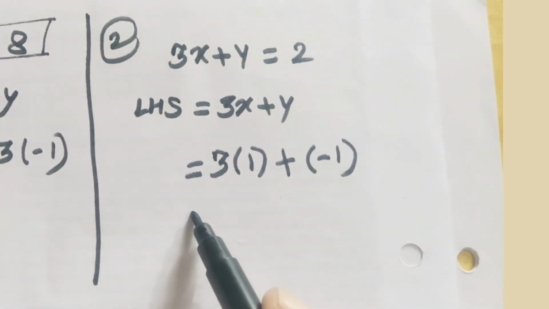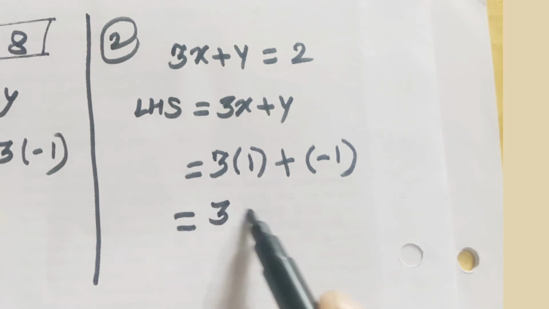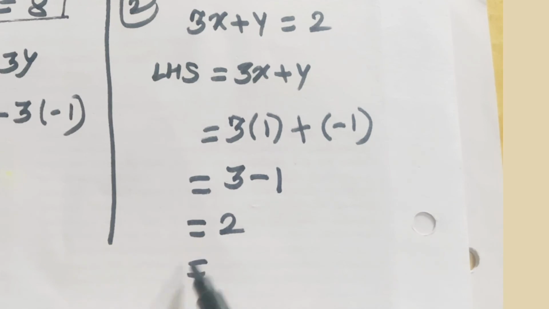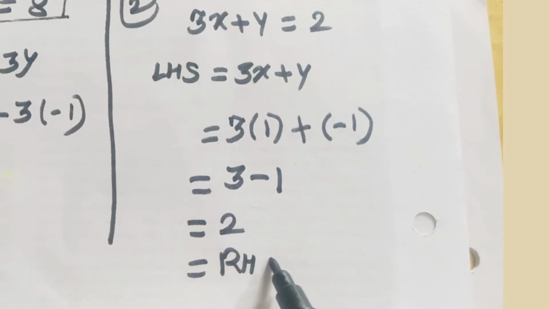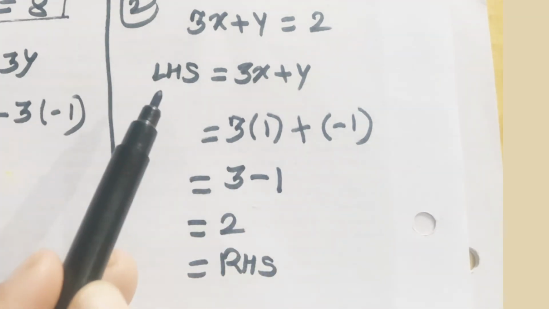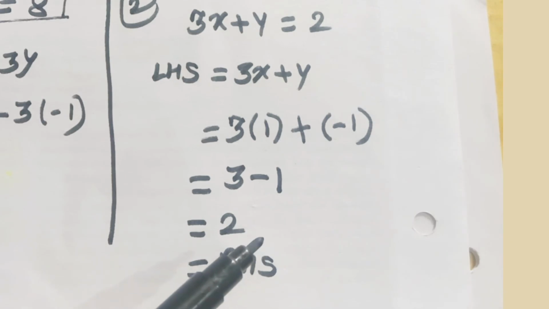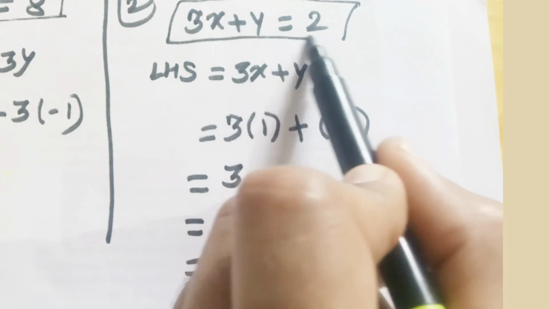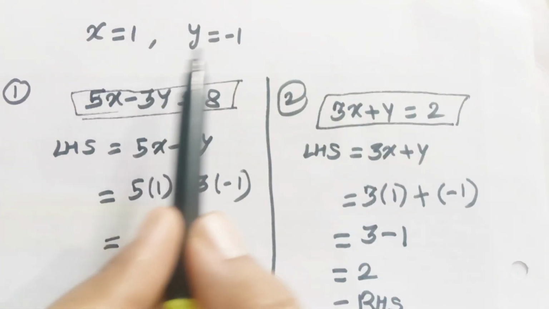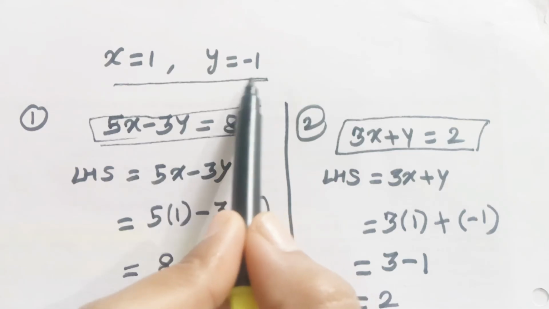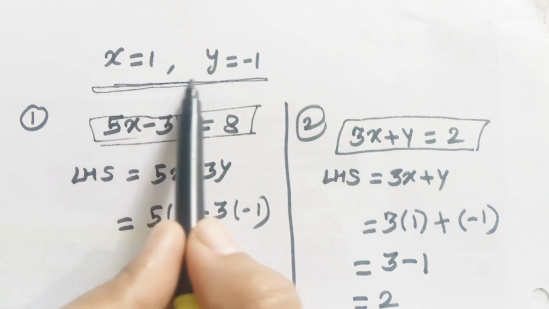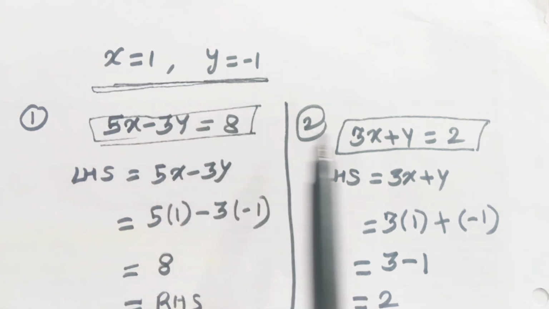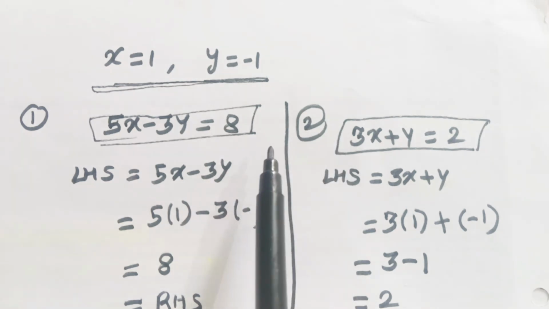Simplifying, we get 3 minus 1, which equals 2, and 2 is nothing but the right hand side of equation 2. So again left hand side equals right hand side. It means equation 2 is verified. So we can say x equals 1 and y equals minus 1 is a solution of our simultaneous linear equations.